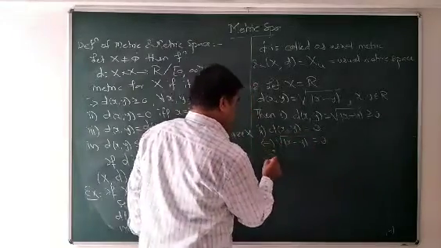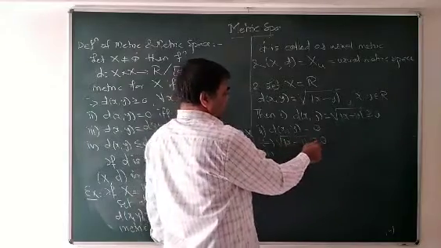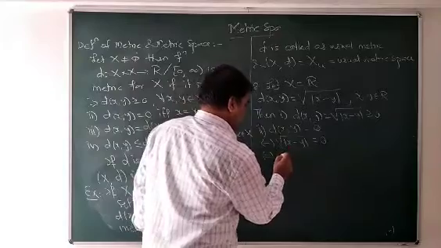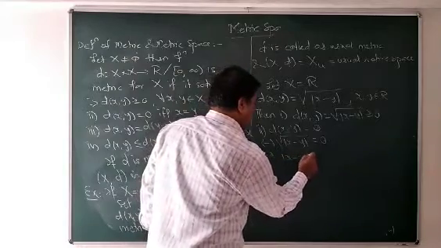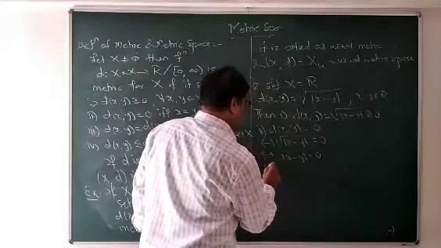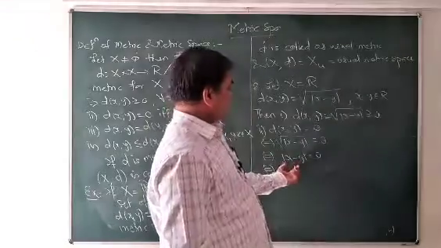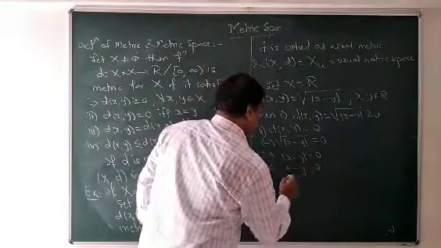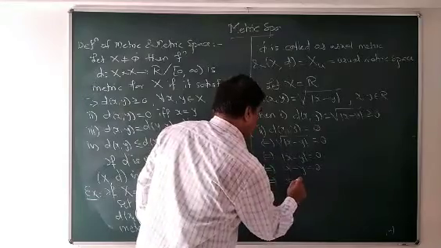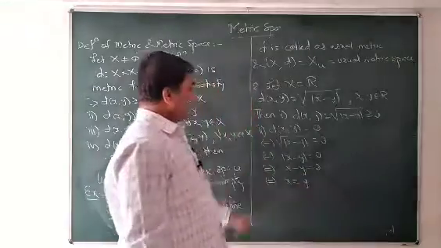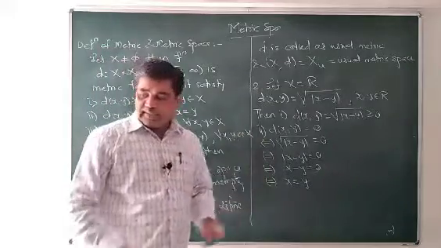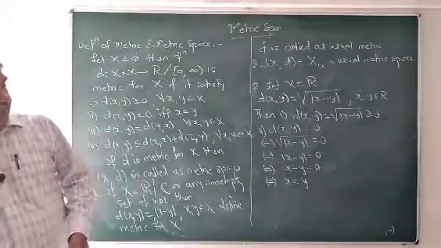If and only if, the square root of 0 is 0, which means mod of x minus y must be 0, and the absolute value of a number is 0 if and only if the number is 0, which means x minus y is 0 if and only if x is equal to y.